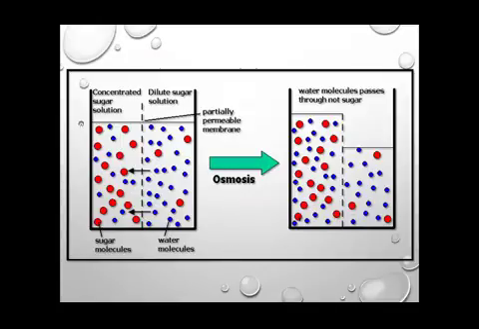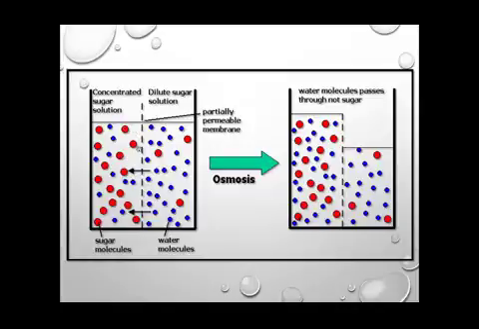So here this figure explains the process of osmosis. Suppose we have taken a beaker, and in the center of the beaker a semi-permeable membrane, a partially permeable membrane, is kept. At one side of this container you can see more of the sugar molecules.